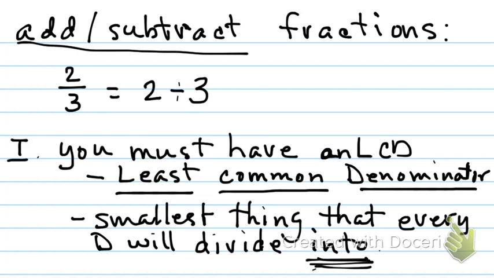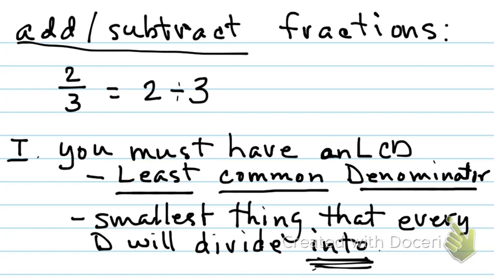So be careful. It's not what will divide into them, it's what they will divide into. Now think about what that means. What's the smallest number that any number will divide into? Itself, right? Okay? Every number divides into itself, and that's the smallest number that it will divide into.